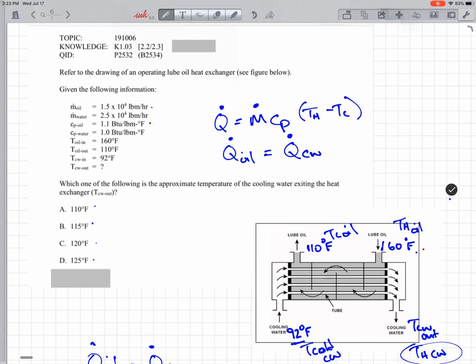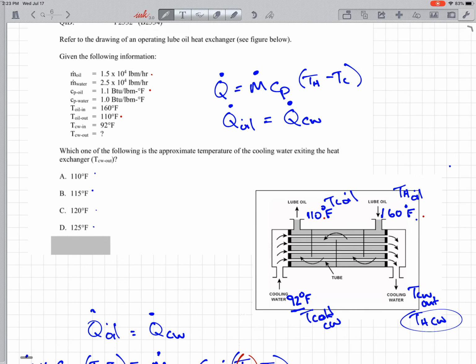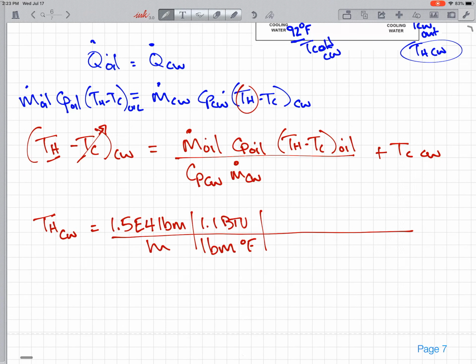And I can see from this right here that that's going to be 160 minus 110, both in degrees Fahrenheit.